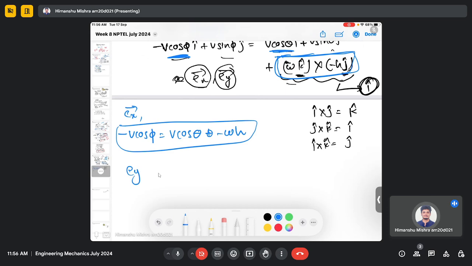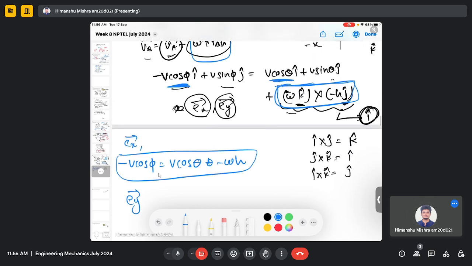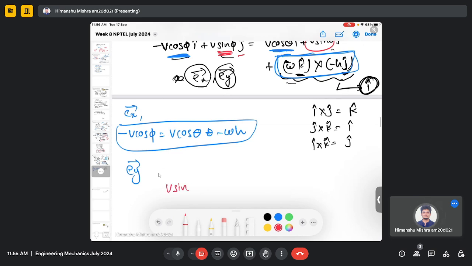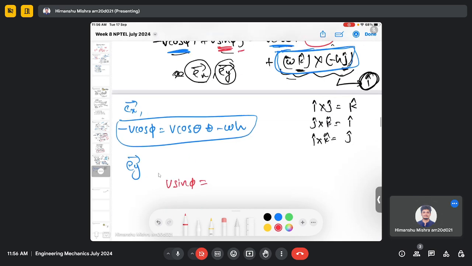Similarly, in the y component, I can write in the red color. So this is my y component, it's in the j cap direction. This is also my y component. So it is v sin phi equals v sin theta. So this is my other equation.